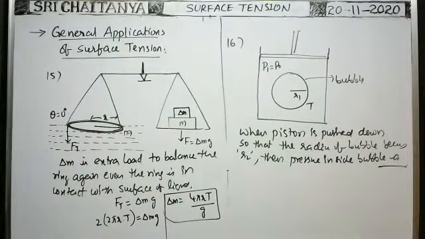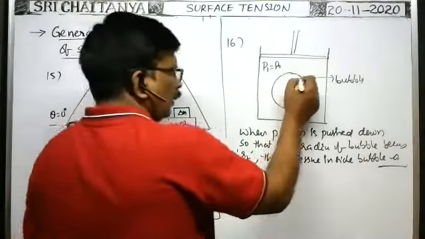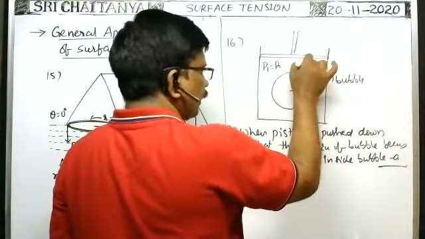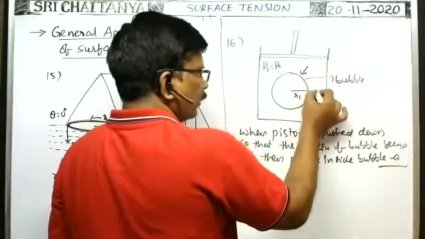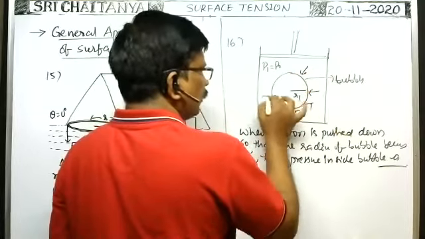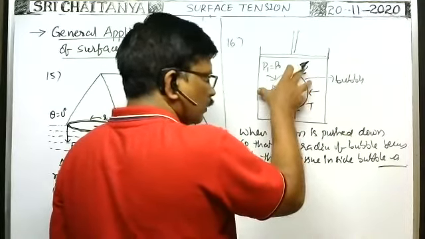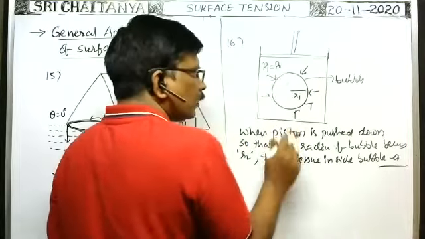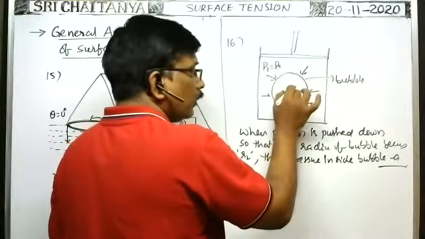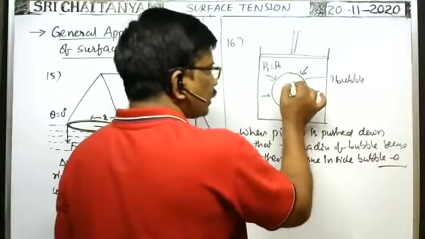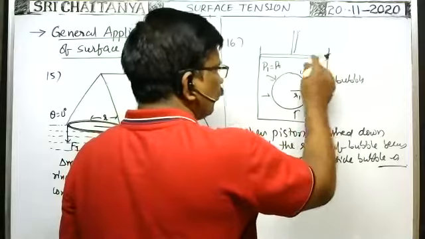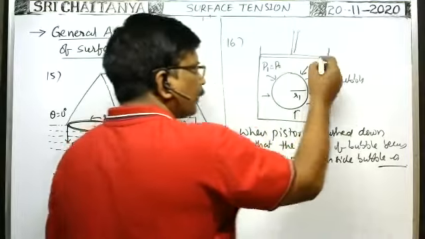Okay, initially, here you see, whenever the pressure increases, that pressure pushes the bubble so that the bubble is compressed, but the mass of the air inside the bubble does not alter. So this gas is under isothermal condition only; even when the bubble is compressed, the temperature does not change.